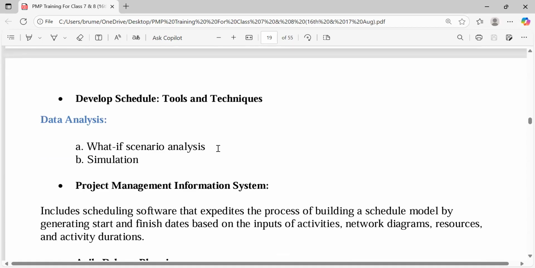And another tool is to analyze the data which we've gotten. And one thing we do is the what if analysis, the what if scenario analysis. What if we do this and this becomes our challenge? What would we do? What if when we are embarking on this, we run out of this?